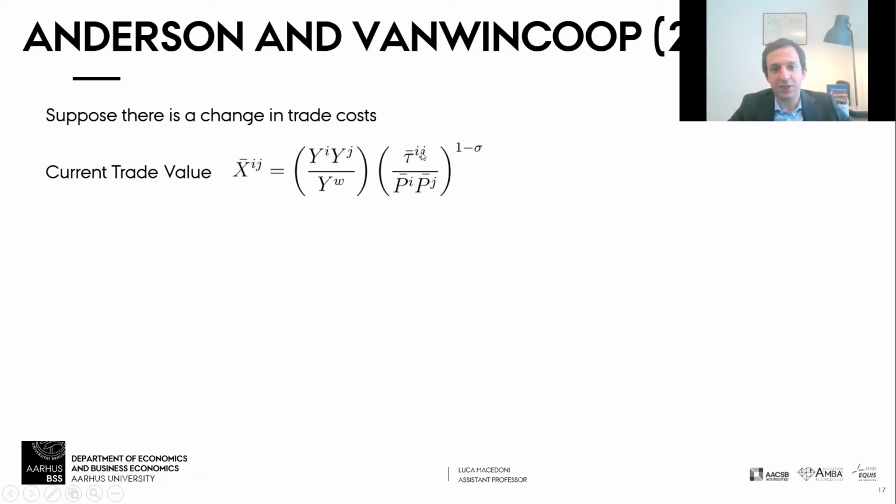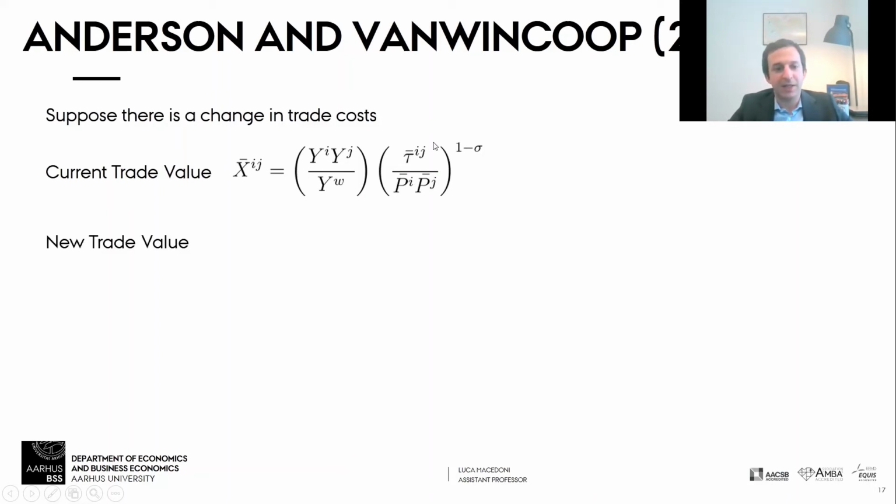Tau changes, multiply, the elasticity of iceberg trade cost with respect of x to x is 1 minus sigma. So if tau increases by a certain percentage, well, that percentage times 1 minus sigma, which is negative, will reduce the iceberg trade cost. That is the naive approach. That is the McCallum approach. That is the direct effect.